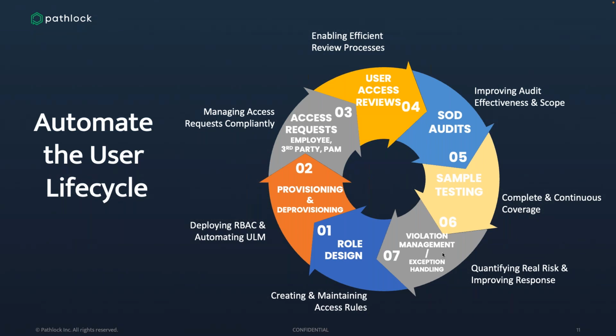Obviously they probably need access to Active Directory. They need email. They need maybe something in Salesforce or another system altogether. So when we talk about a role, you can actually group all of those functions together and say, oh, for an AP clerk role, this is what they need access for.